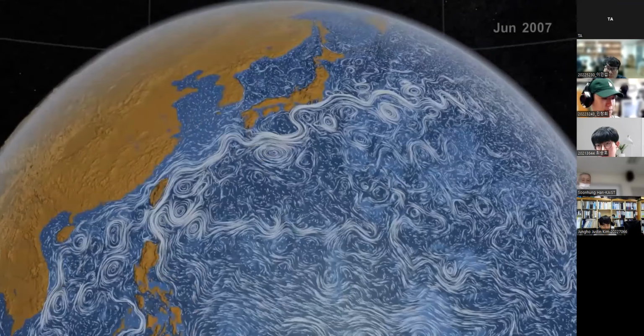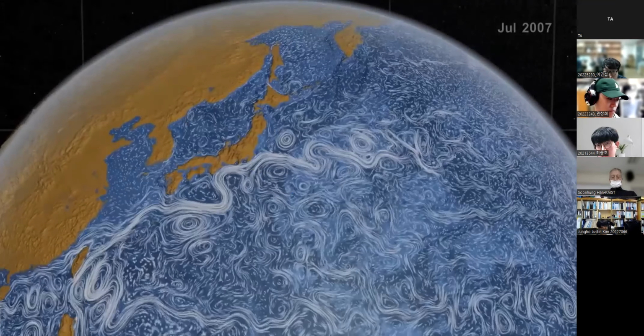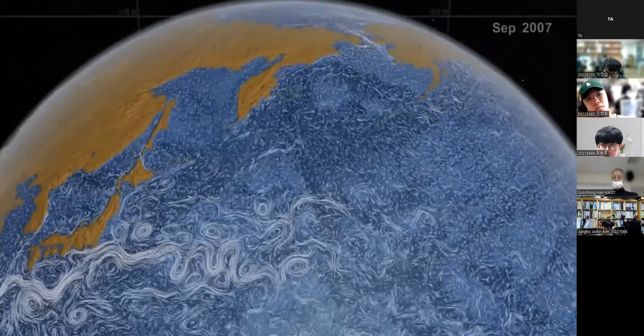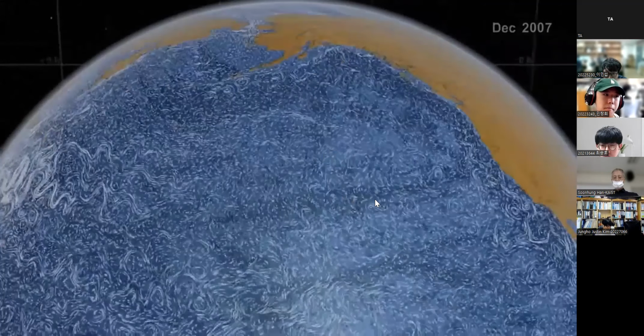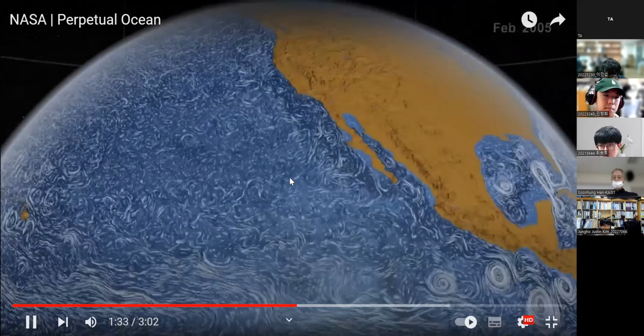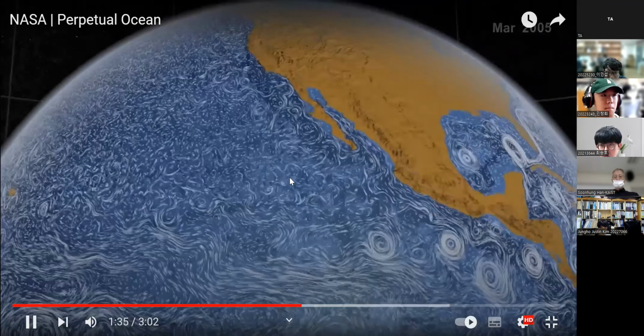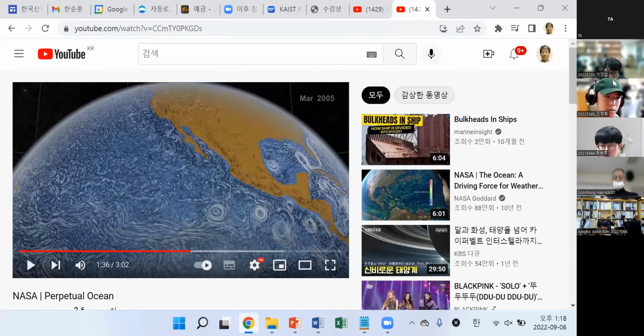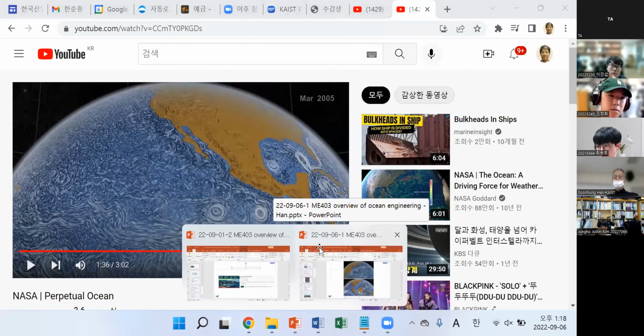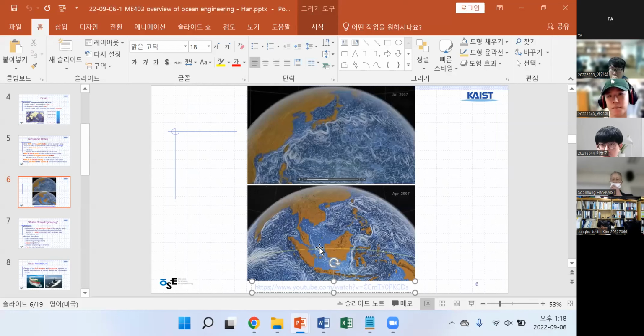Kuroshio. So this one is made by NASA. They connect images coming from satellite. Satellite images combined together to be a video. Anyway, looks very pretty and very nice.